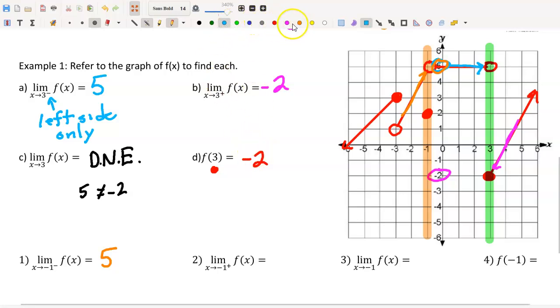And then we look at the other side, from the right-hand side of -1. So that's over here. So ignore all this. I'm only going to look at as I get closer to -1 on this right-hand side, which also just gets and stays at 5.